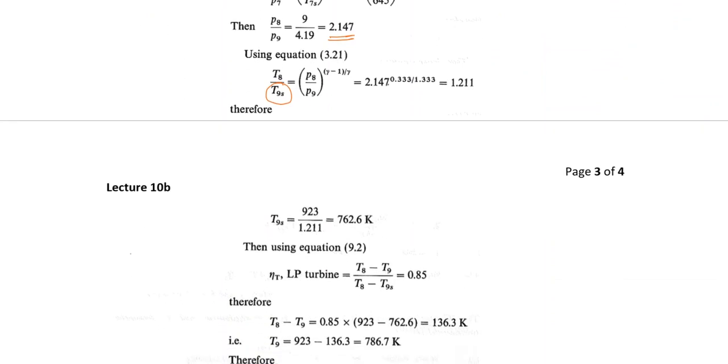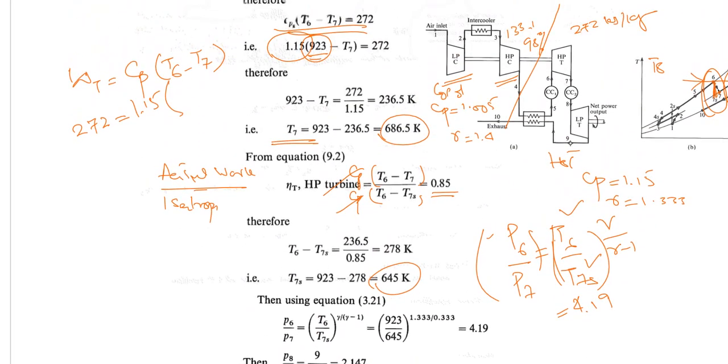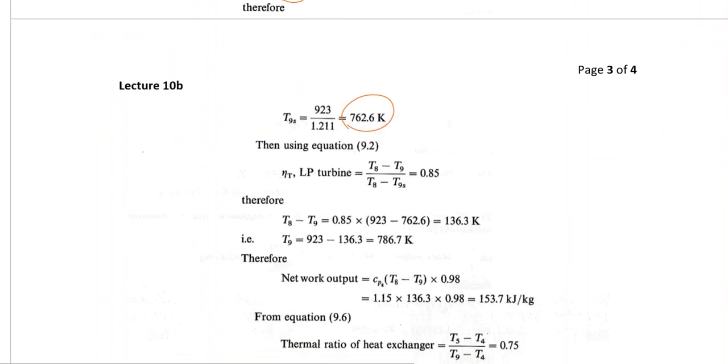Now I can find the temperature at T9, which is the low pressure turbine. Using the efficiency of the turbine as 85%, I can find the actual temperature at T9, which is 786.7.